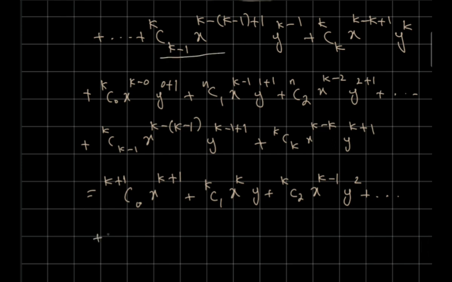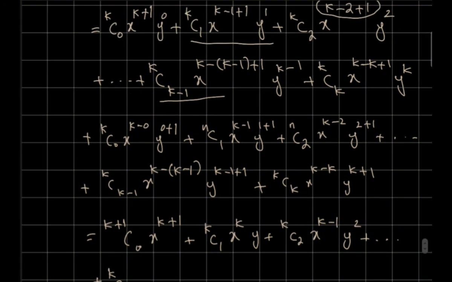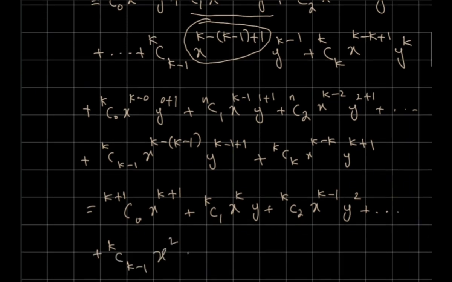This is kC(k minus 1). And what about this power? This is k minus k, which is 0, 1 plus 1 is 2, x to the 2 and y to the k minus 1. So what about this term? This is kCk x to the 1 y to the k.